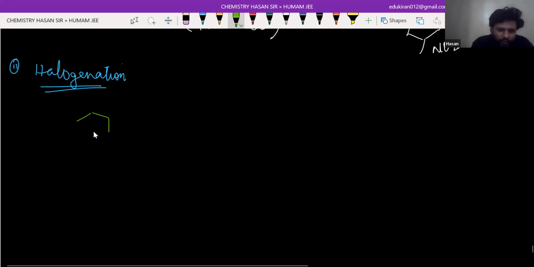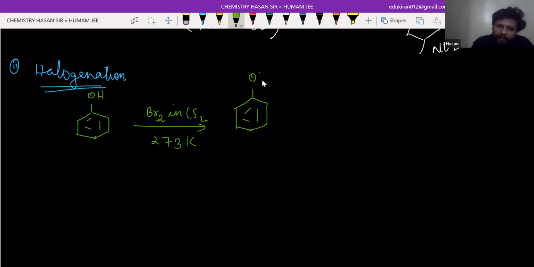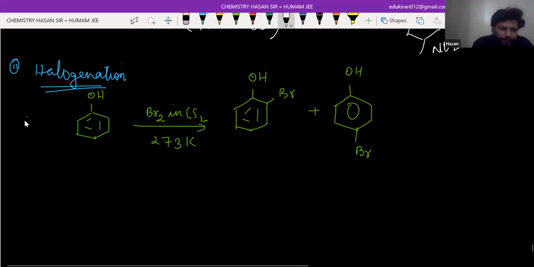If you are going to treat this phenol with Br2 in the presence of carbon disulfide in cold and dark, there will be generation of an electrophile, Br plus, and Br plus will be attacking either at ortho or at para, because OH is a plus M group, that is ortho and para directing.